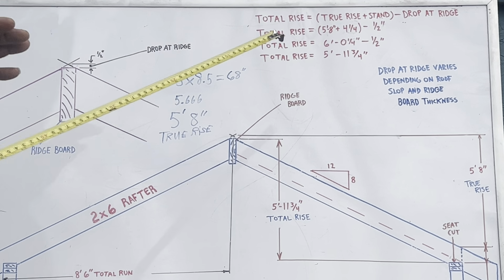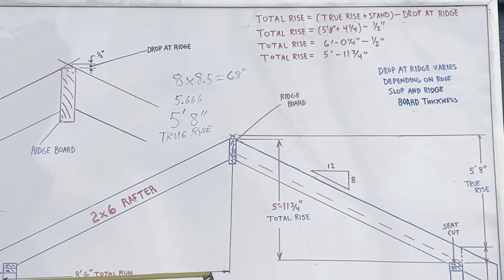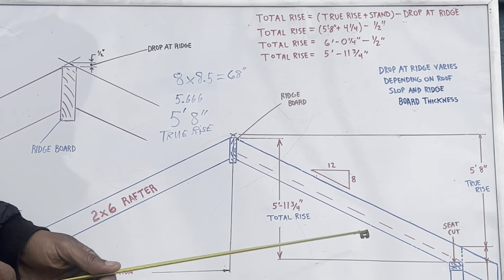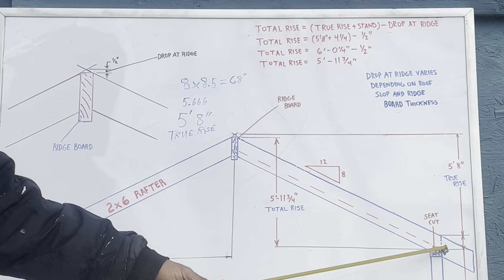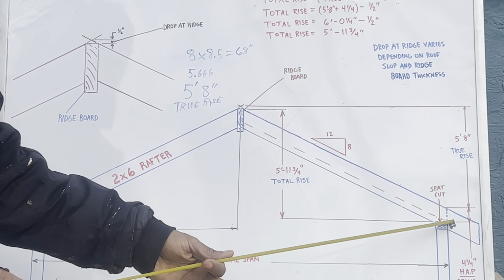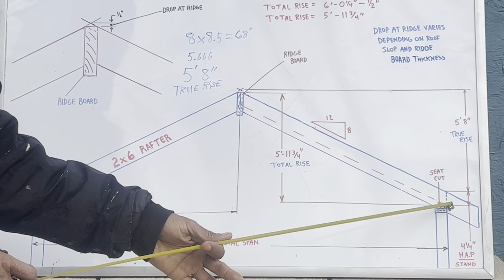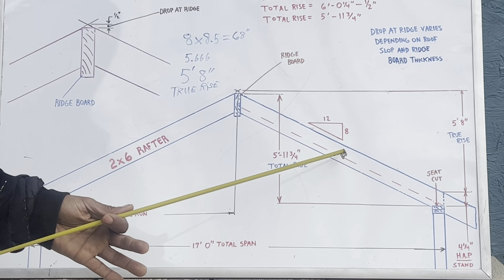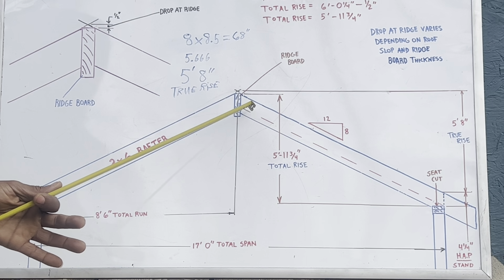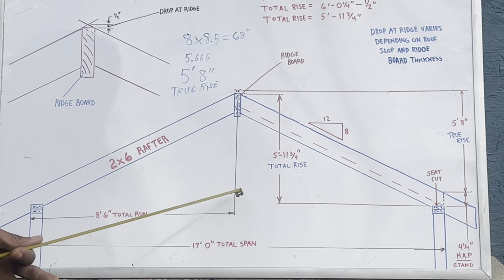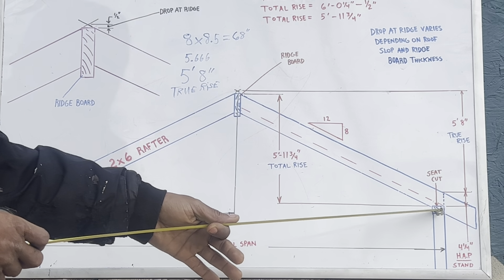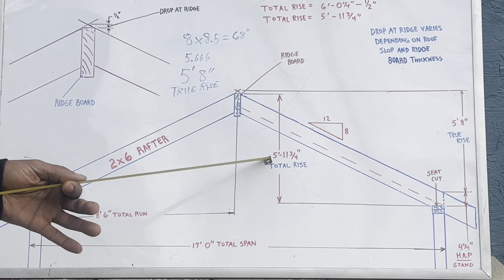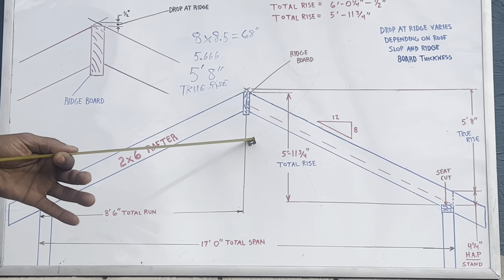Okay, let's talk about the drop at ridge. So if you look here, when we calculated our true rise, it's coming from the corner of this exterior wall right here. When we first calculated by the math, look at my dashed red line. From here, this will be your 5 foot 8, from this line right here, which would be at the top of your exterior wall, up to about right here.